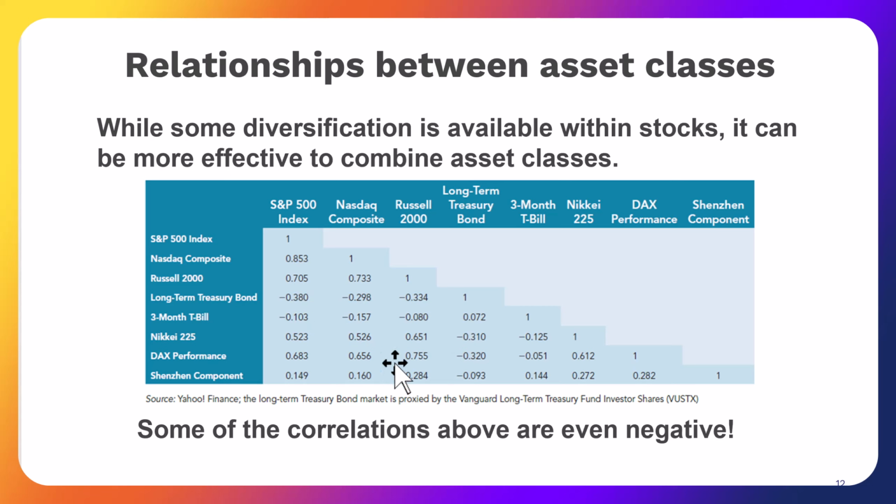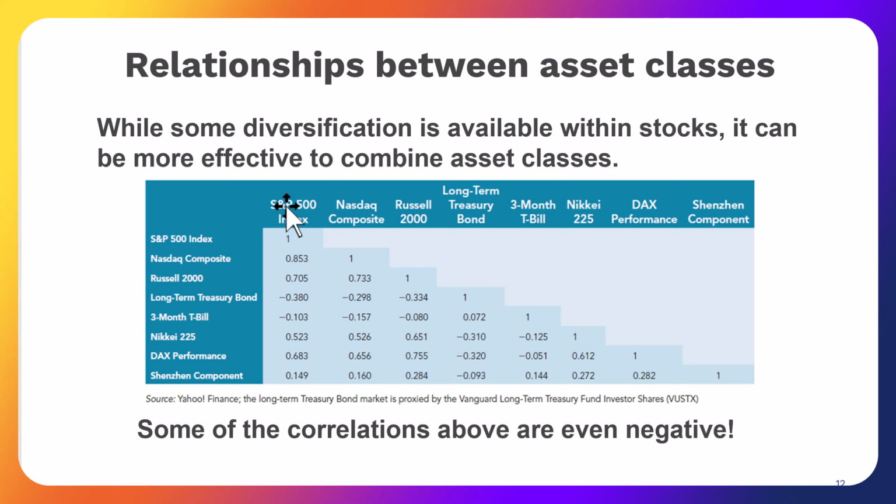Quite frankly, long-term treasury bonds are negatively related to all of the stock indexes. So we could say that bond investments are negatively correlated with stock investments. When we combine them, we will ultimately get greater diversification than we would by combining other assets.